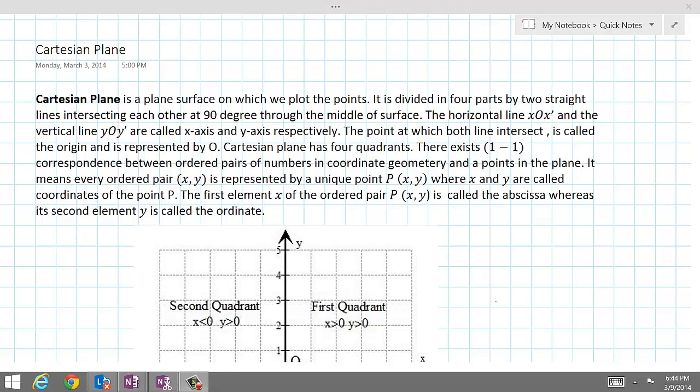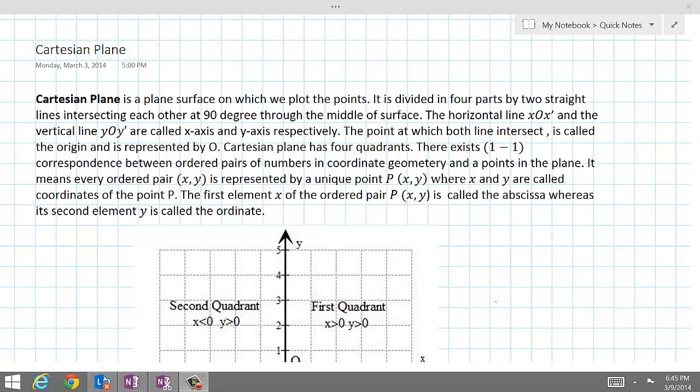Cartesian plane is the most fundamental concept in Cartesian coordinate geometry, and it has applications in almost every branch of science. Cartesian plane is a plane surface on which we plot points. It is divided in four parts by two straight lines intersecting each other at 90-degree angle through the middle of the surface.